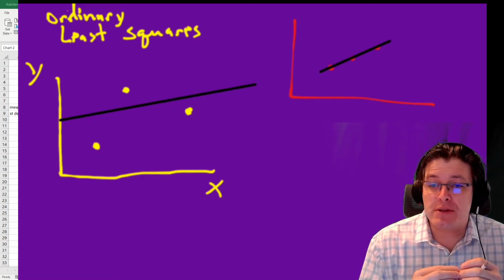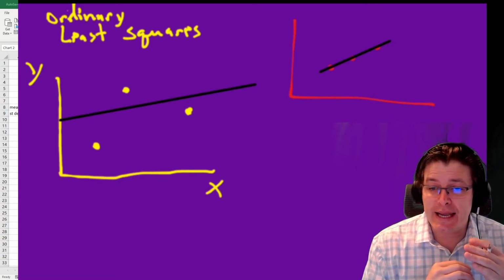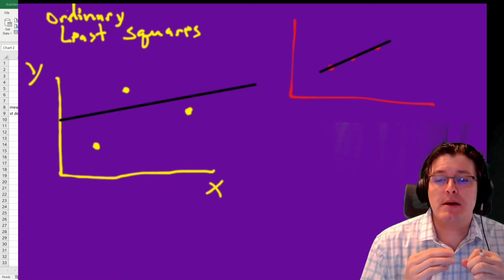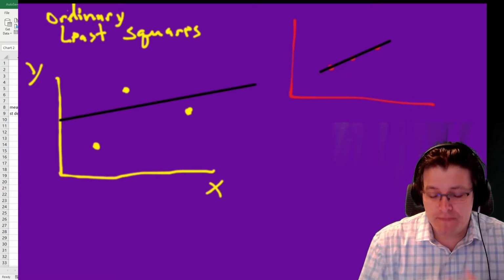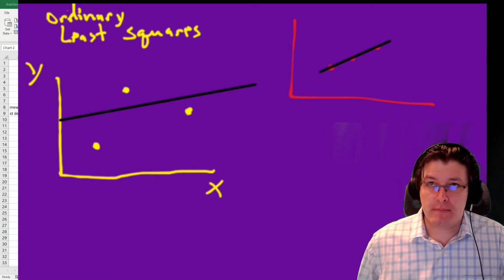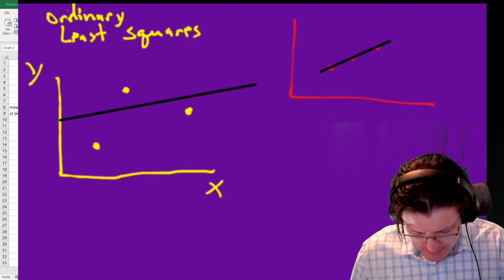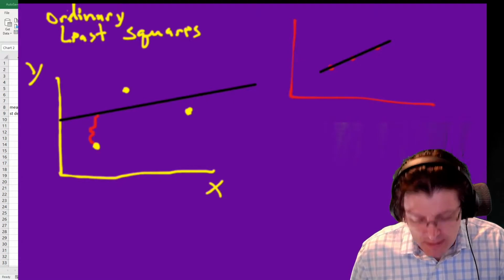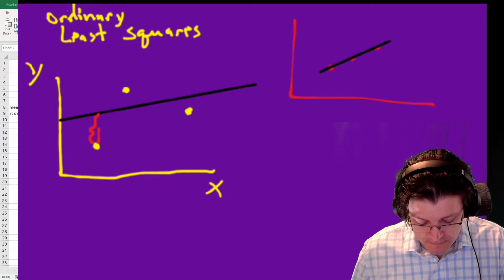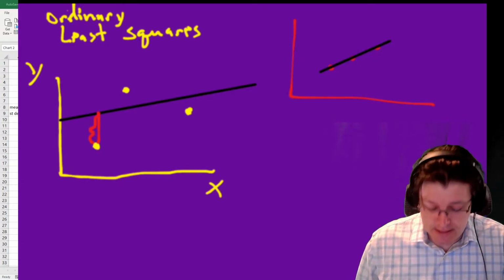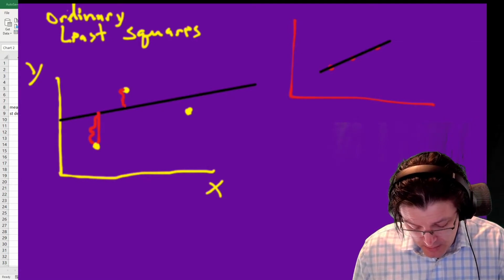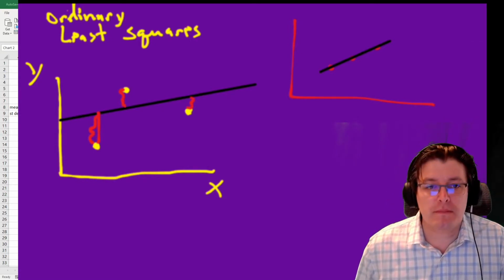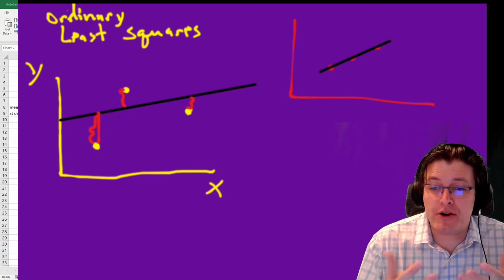So we're going to measure the distance between the line and each data point at the y value. Okay, so we're going to measure this distance here. That's going to have some distance. We're going to measure that for all 3, and we're going to square each of these values.